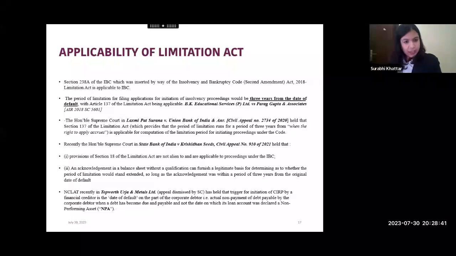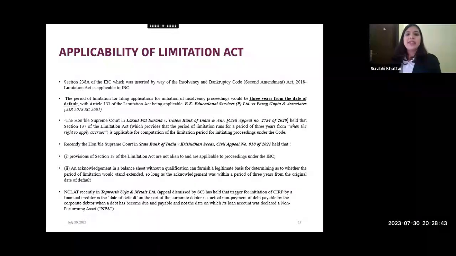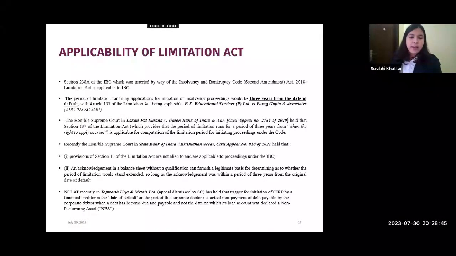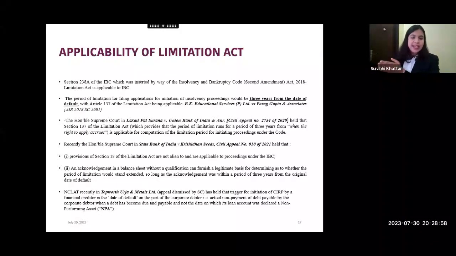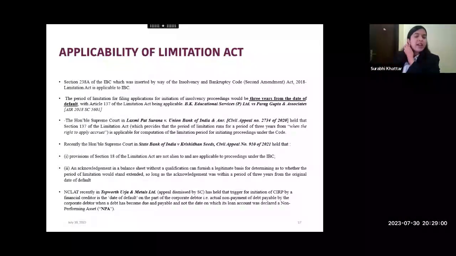And Section 18 of the Limitation Act, which provides that the period of limitation will get extended if there is an acknowledgement before the limitation period expires, is also applicable in case of insolvency proceedings.